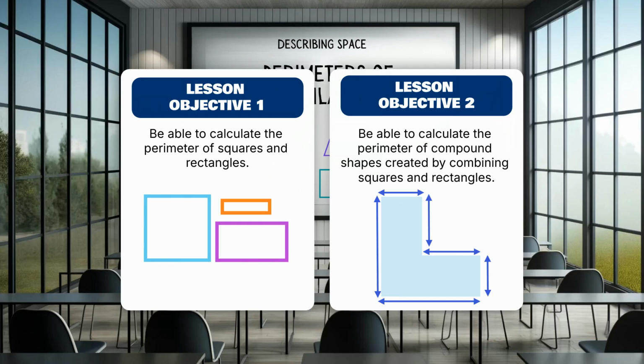Next, we covered the perimeter of a rectangle using the formula 2x plus 2y, where x and y are the lengths of the sides. Moving on to compound shapes, we learned a systematic approach to finding the perimeter by identifying and summing the lengths of all distinct outer edges. We also touched upon calculating the perimeter of trapeziums and other quadrilaterals by adding the lengths of all sides.